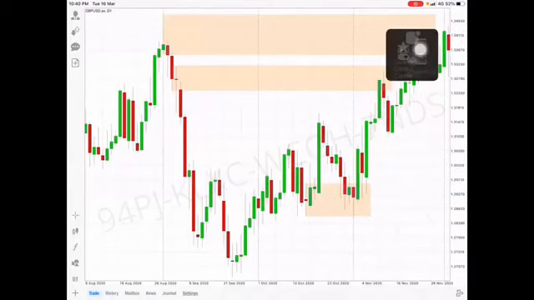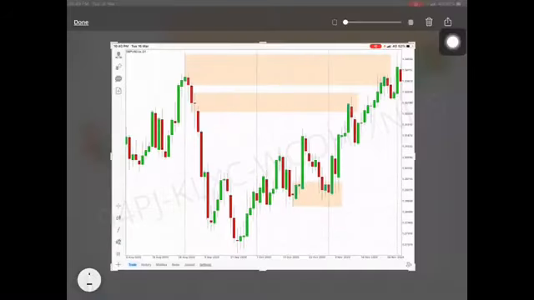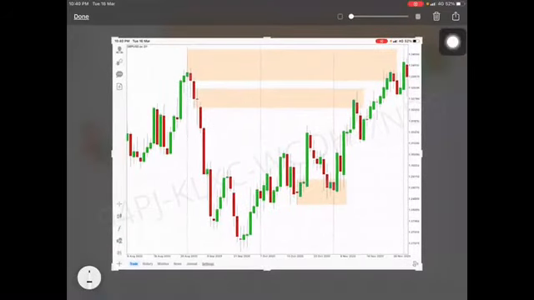What about SL? So let's say at this point you mistakenly go for sell. So your SL should be below the box. This is your SL. Okay. So let's say right here you entered for a buy position.